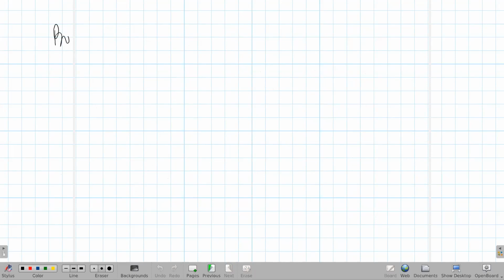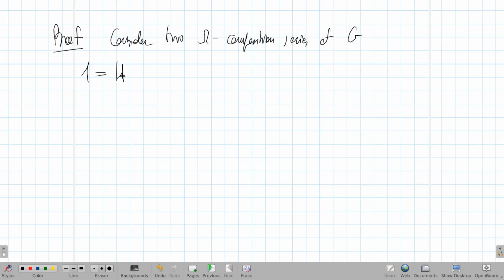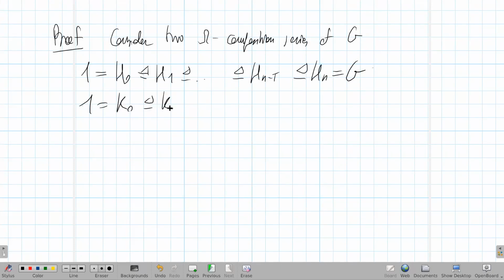Okay, so proof. Consider two omega composition series of G. This starts with H0 and so on, gets to Hn-1 and then to Hn equal to G. And the other is, let's call it K0, K1, ..., Km-1. Oh yes, I should have added something.